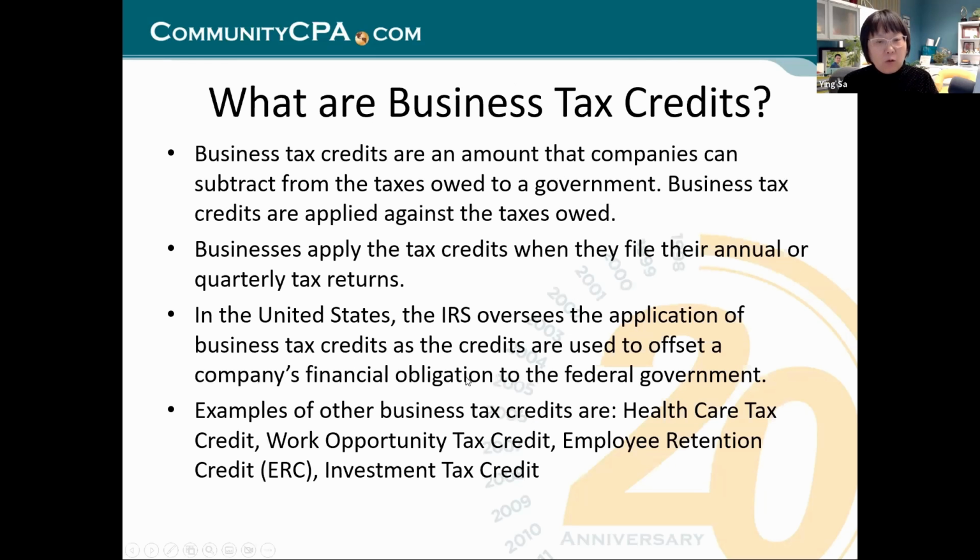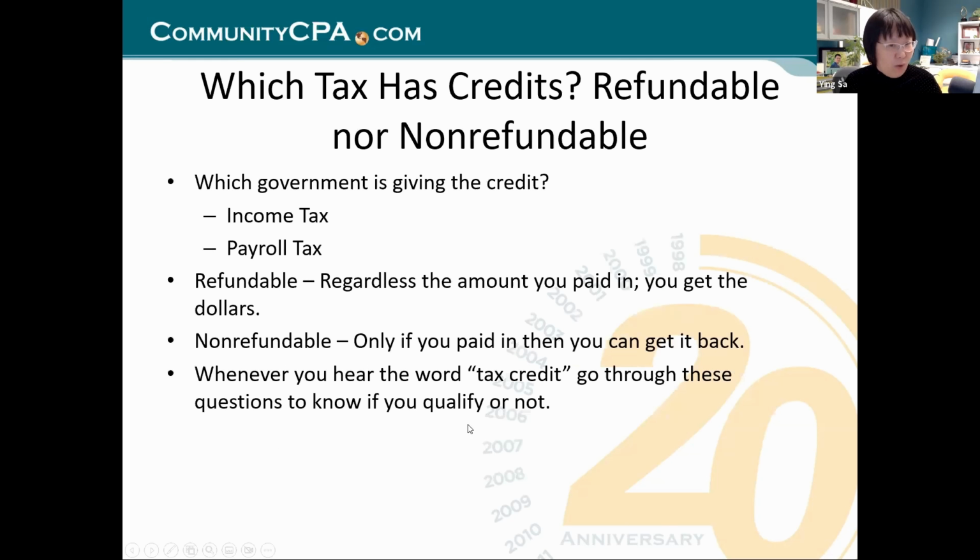But then I also want you to realize that the tax credit is not necessarily against your income tax. It could be a tax credit against your property tax, or against your payroll tax. When someone tells you, oh, you can get a tax credit, your immediate question should be, credit against what? Credit against income tax, credit against payroll tax?